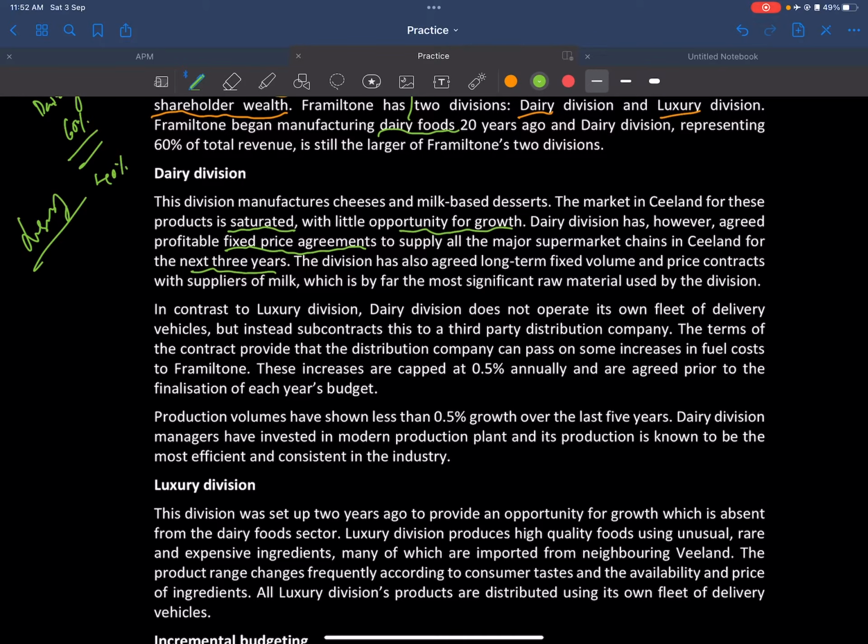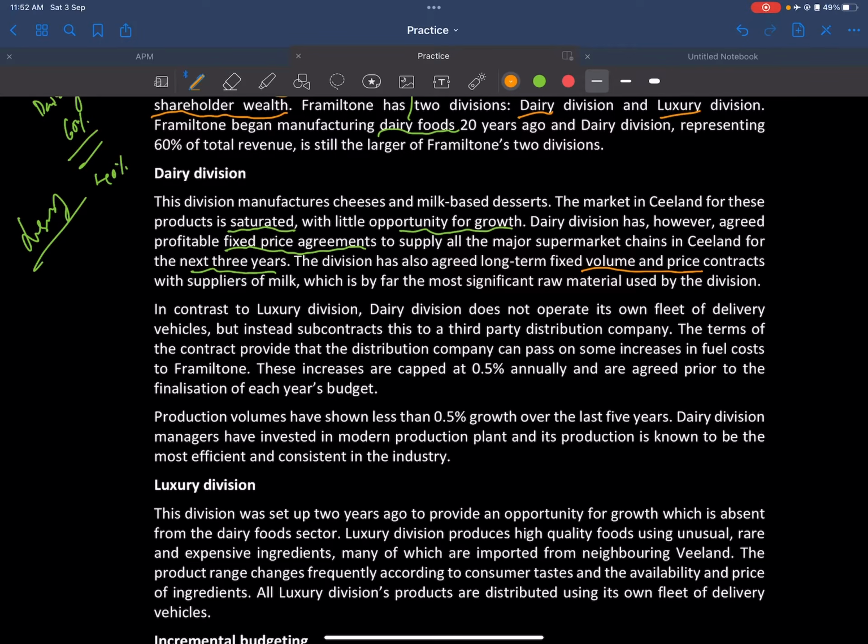The division has long-term fixed volume and purchase contracts with suppliers of milk. So they have long-term fixed contracts, fixed volumes and price contracts, not only volumes but price as well. So your revenue side is constant, your cost side is constant, right? So what else do we need, right?